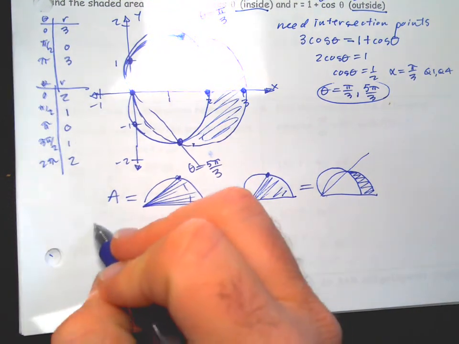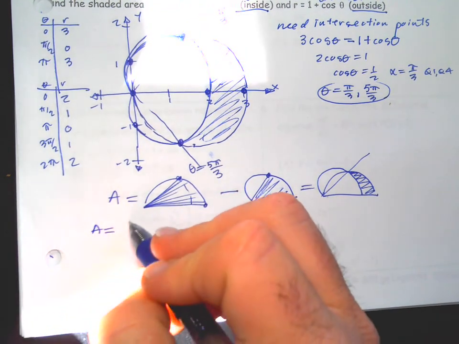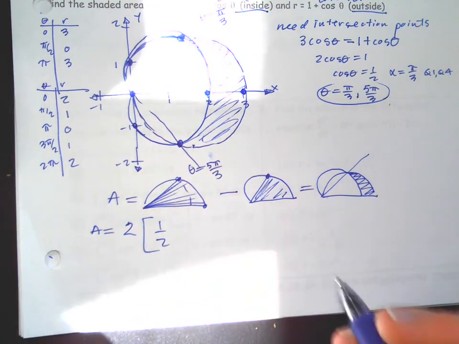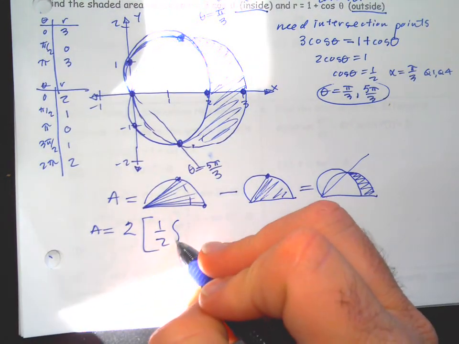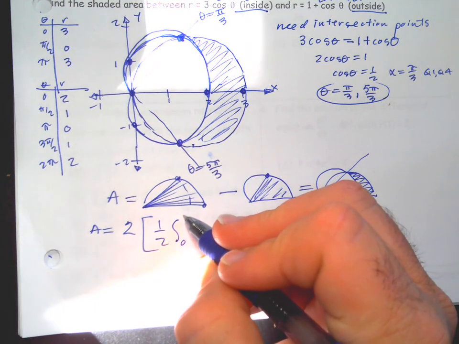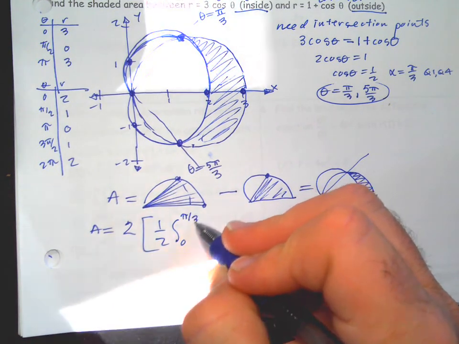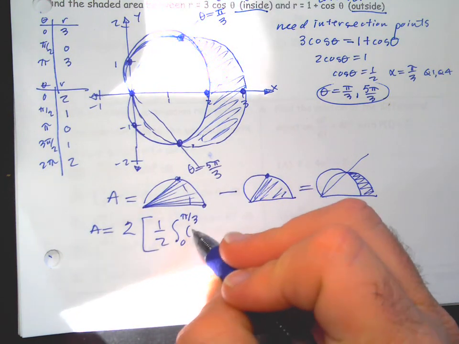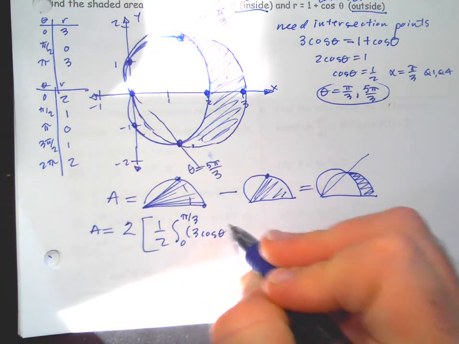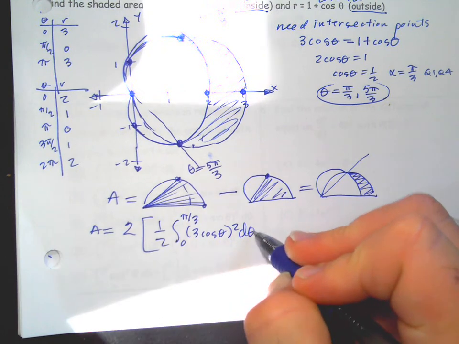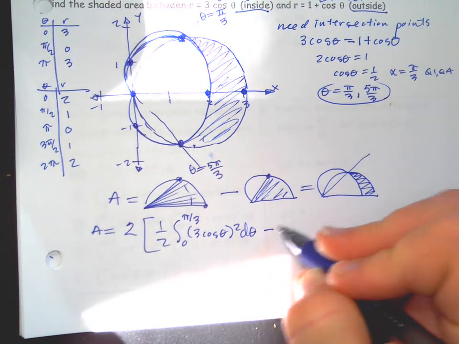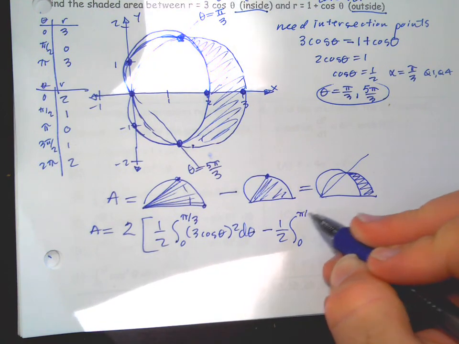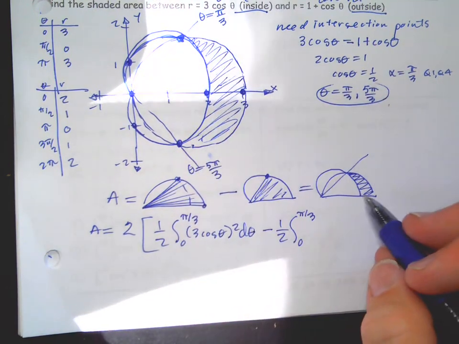And so when you go to set this up, we're going to double it, first of all, because we're only doing half right now. So it's going to be 1/2. And the first one is going to be 0 to pi over 3. And that's the circle. So that one's going to be 3 cosine theta squared. And then we're going to subtract 1/2, 0 to pi over 3 of the cardioid.